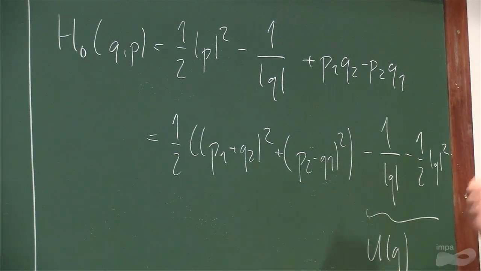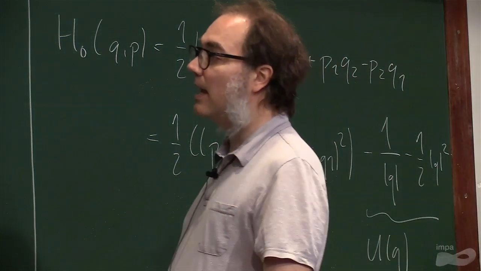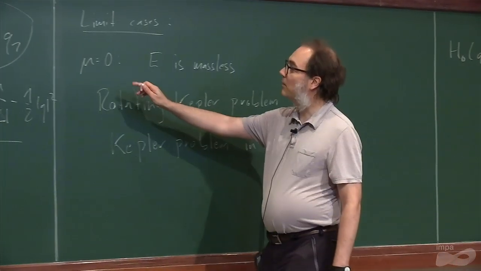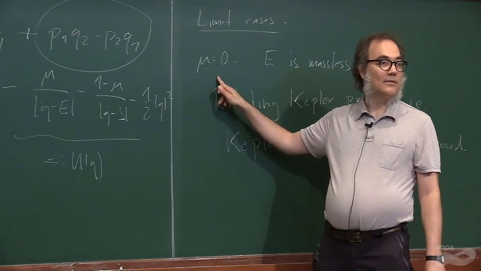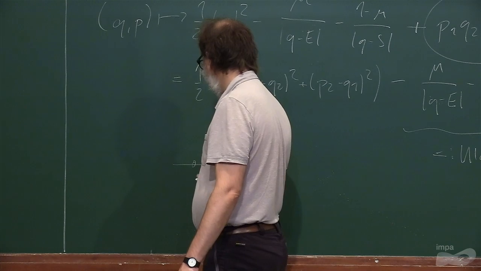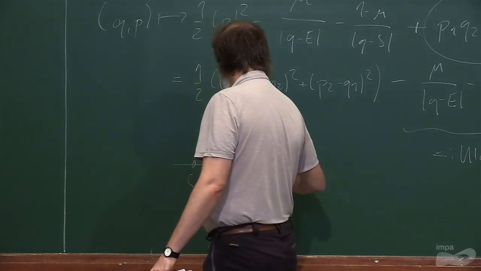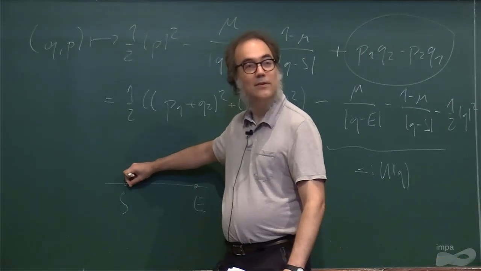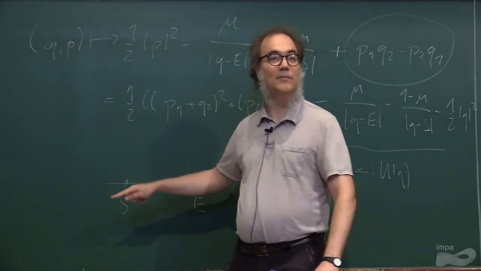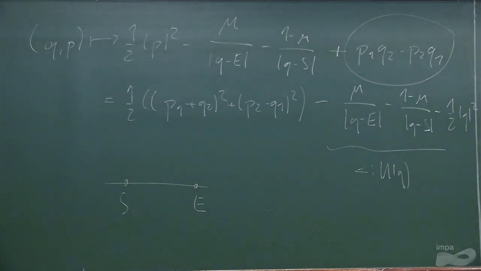And now what is special in the case mu equals 0? For mu equals 0, the whole problem becomes rotationally invariant. In the case mu greater than 0, the problem is not rotationally invariant. So we have here Sun and Earth, and we cannot rotate. But if the Earth vanishes and just the Sun is left, we can rotate. So this is rotationally invariant.